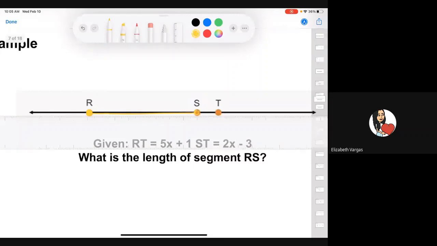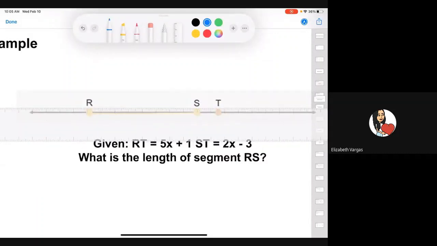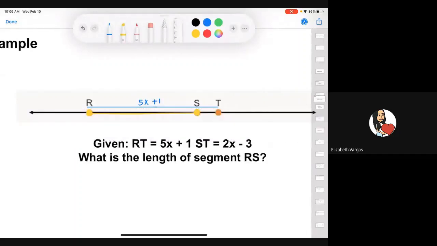We want to see what we've been given. We've been given that the entire segment R to T is equal to 5x plus 1.